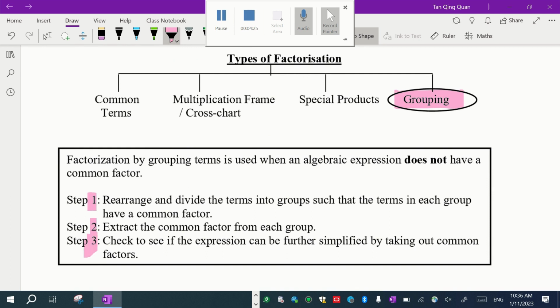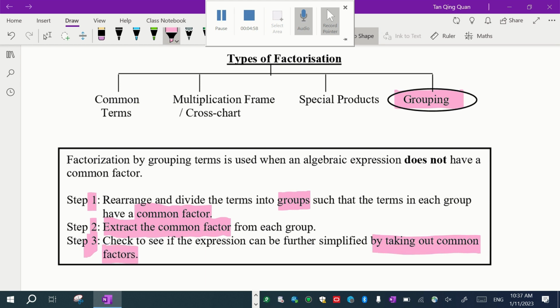Okay? Step 1, we rearrange and divide the terms into groups such that there is a common factor. And because there is a common factor, the next logical step would be to extract the common factor from each group, after which we check to see if that expression can be further simplified by taking out more common factors.